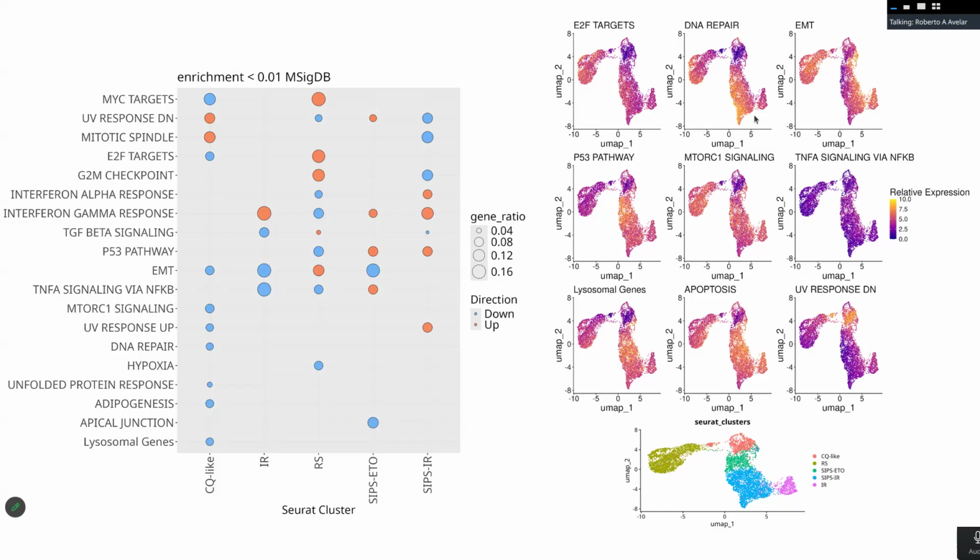But in general, I hope you can appreciate that there is heterogeneity in how these pathways are being modulated dependent on where the cells are clustered. And the clustering seems to depend at least partially on how the cells have been stressed.